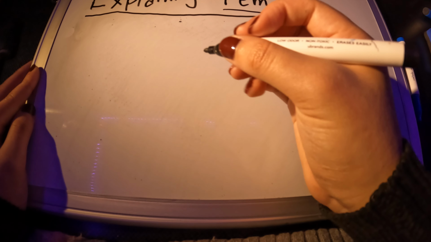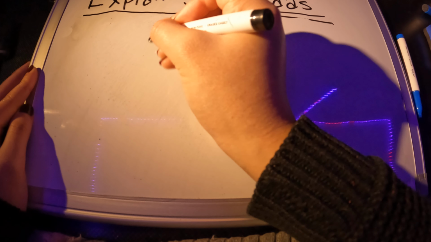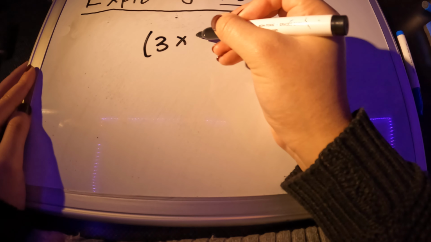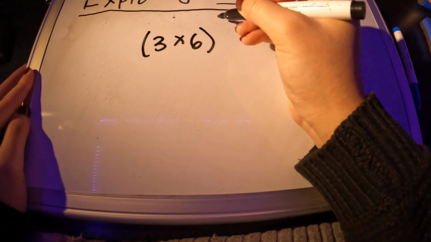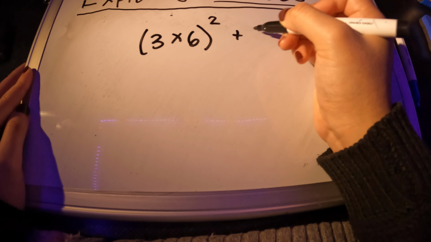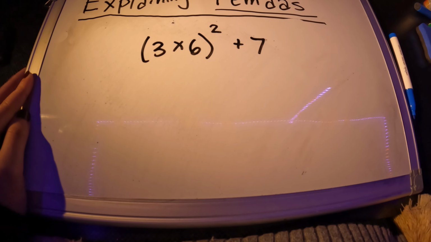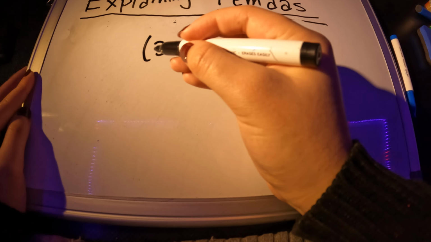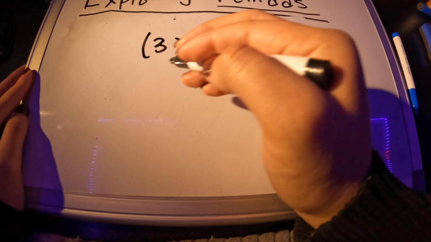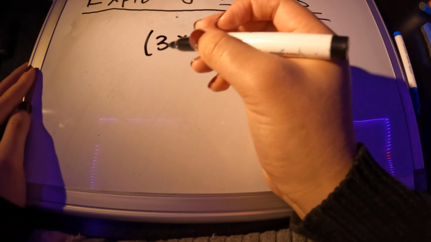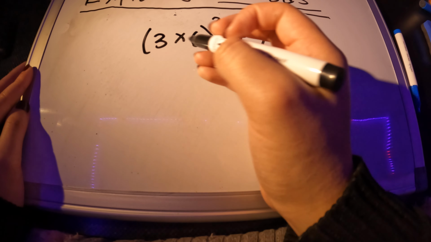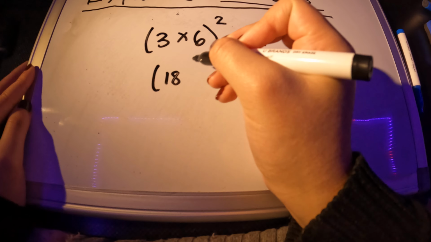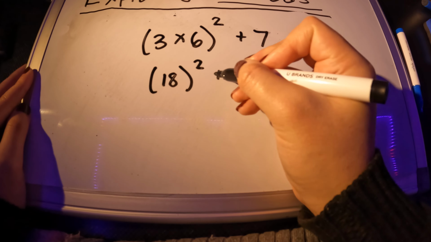Now with that same equation, what if you had 3 times 6 squared plus 7? What would you do then? Once again, you would do parentheses first. Whatever's in the parentheses, ignoring everything else, you would do that first. So 3 times 6 is 18, so you would have 18 squared plus 7.